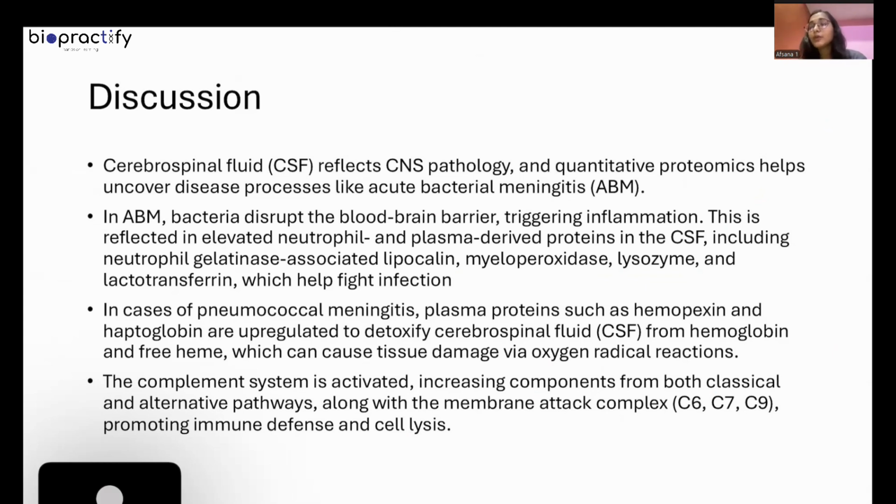Both the classical and the alternative pathways get activated. C6, C7, and C8 form the membrane attack complex on the surface of the bacteria and try to rupture the membrane so that it gets killed. This way, it promotes the immune defense and cell lysis. So the complement system also helps a lot to prevent the disease.